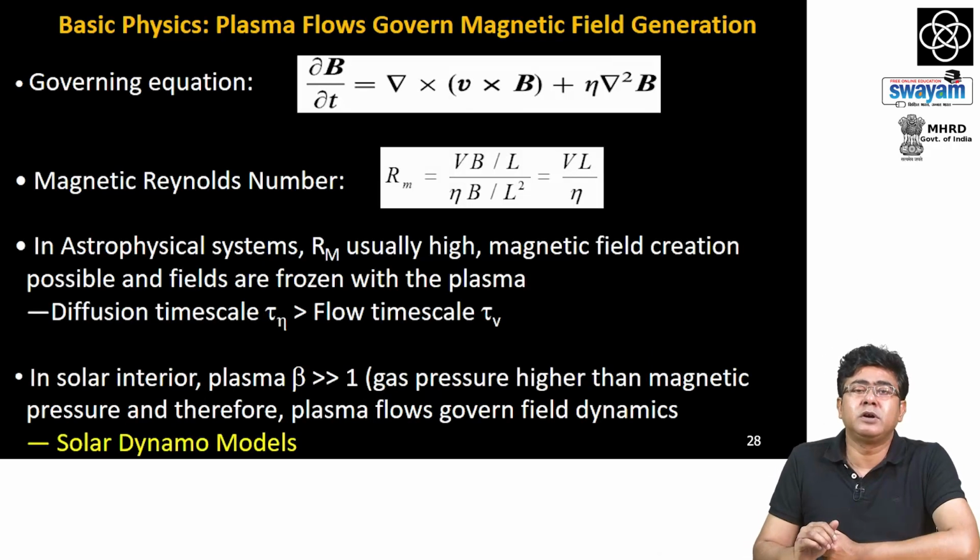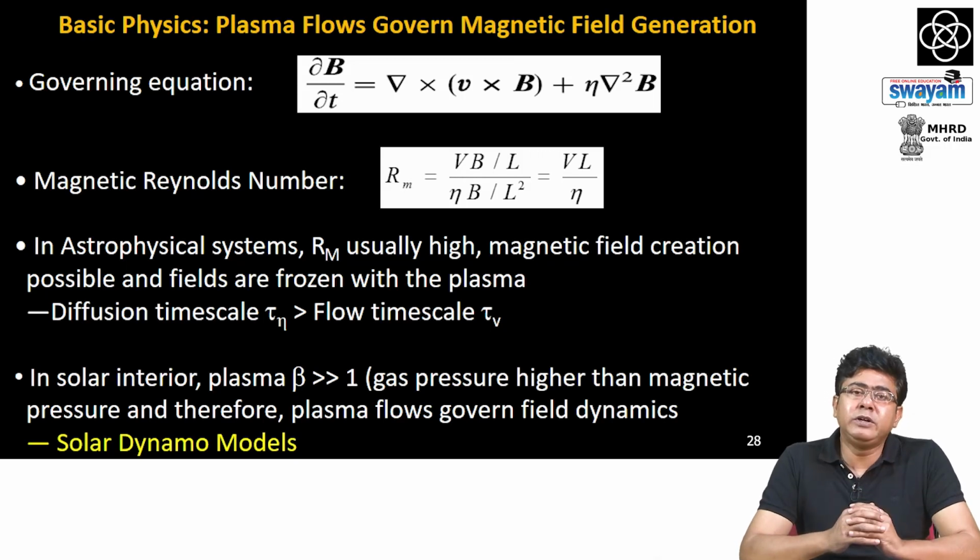Just to quickly review the magnetic field generation process, this is governed by the induction equation, which relates the magnetic field evolution to the velocity field and the diffusivity of the plasma.